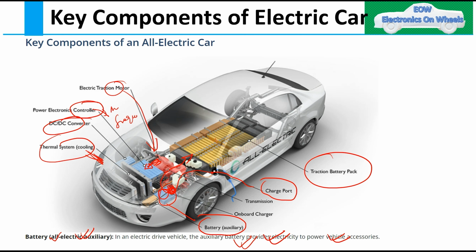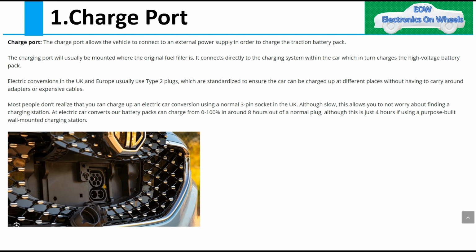It cannot be directly connected to the traction battery, which is the main battery in an electric vehicle. So first, this voltage is converted by the DC DC converter to the auxiliary battery, and then it is distributed from the auxiliary battery to other accessories. So this is the function of the auxiliary battery.